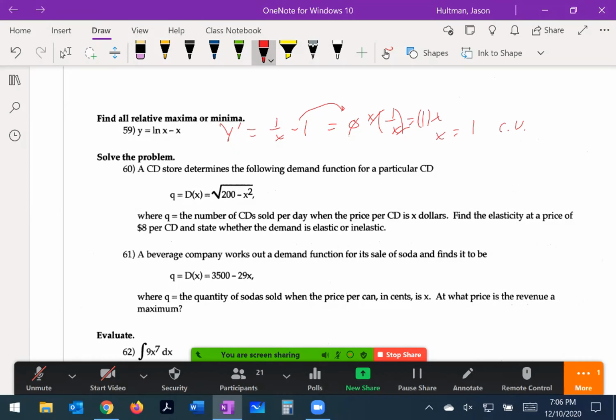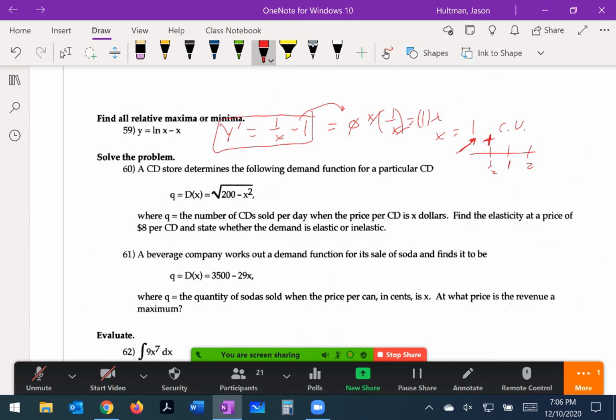Now I just need to know, is that critical value a max or a min? Let's find out what happens around 1. Let's look at 0 and 2. At 0, that's undefined. I can't do that. Let's try 1/2. If I do 1 divided by 1/2, that's 2. 2 minus 1 is 1, and that's positive, so that's increasing. It's going uphill.